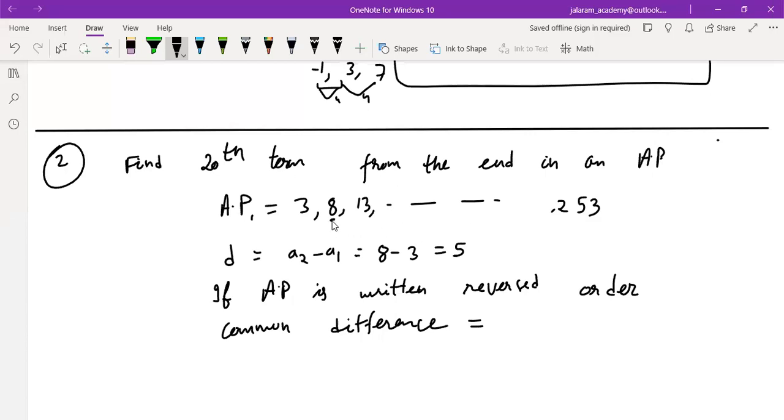What is the term previous to 8? Is it 13? No, sir, 3. We have subtracted the common difference, or we have to take the common difference as -5. Is that clear to you? Yes, sir.